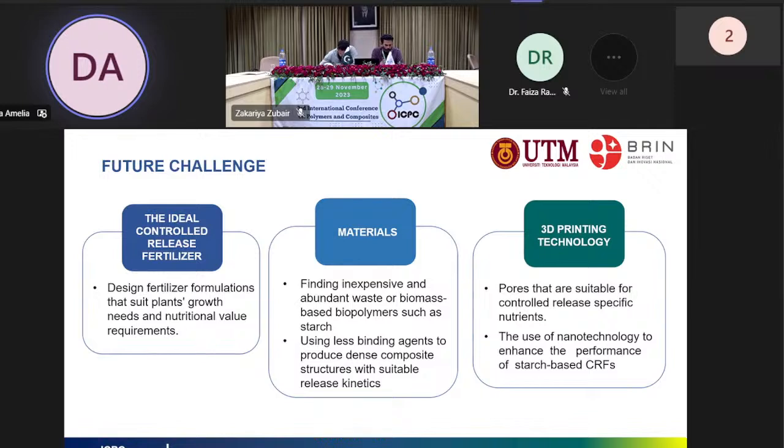And the third is about 3D printing technology. We must have pores that are suitable for controlled release of specific nutrients, and use nanotechnology to enhance the starch-based controlled release fertilizer.